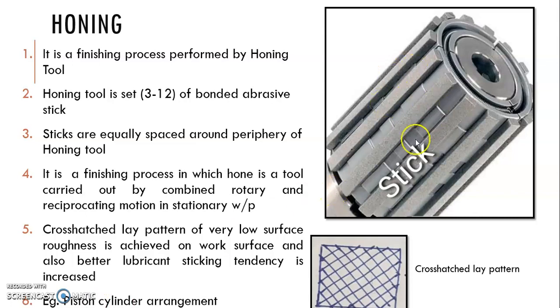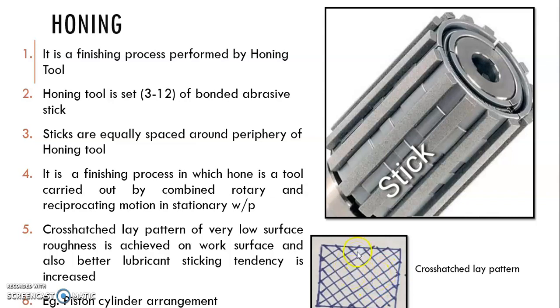Once this honing stick or honing tool is rotating as well as reciprocating inside the cylindrical hole, a cross hatched pattern lay is produced with very low surface roughness on the inner surface of the cylindrical hole. This is a cross hatch pattern you can observe.